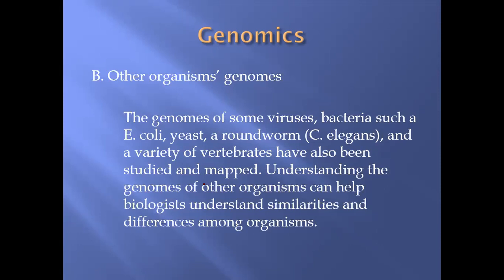If you have identical twins, they're about 99.9% similar to each other, so almost 100% similar. If you were to compare your genome with that of a chimpanzee, it would be about 98% similar. If you were to compare your genome with a banana, you'd be about 50% similar to a banana.